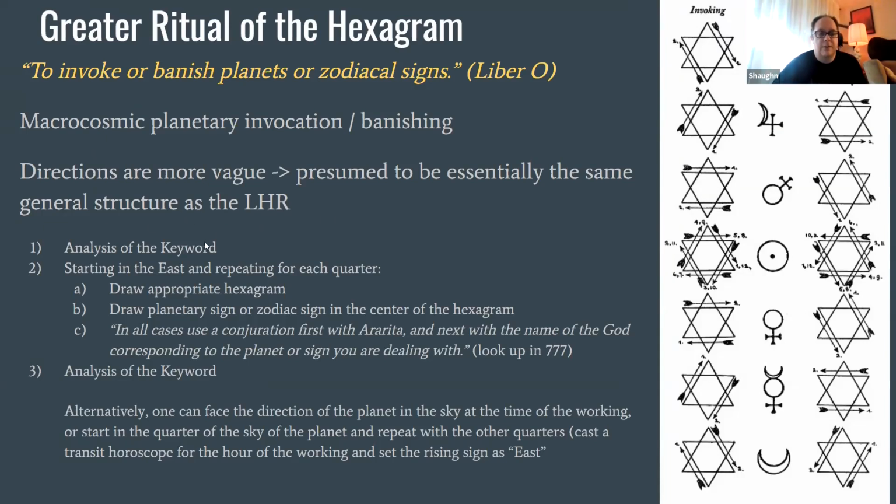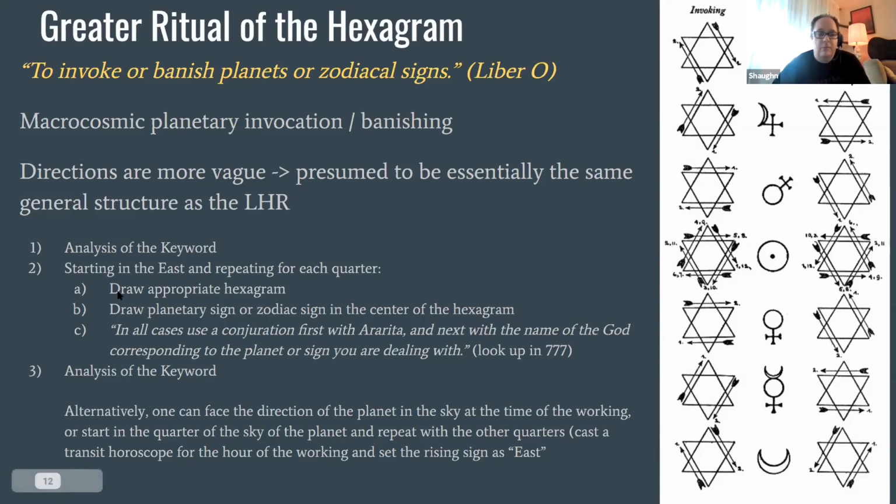So again, you start with the analysis of the keyword, and then you start your drawing in the east with the hexagrams, and there is a different hexagram for each planet. And for each zodiacal sign, you use the ruling planet for that zodiacal sign.